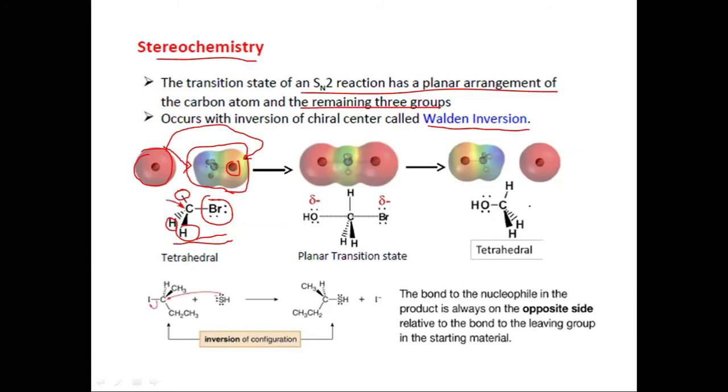There are two openings where the nucleophile can approach: one from the back side with respect to the leaving group, or from the same side as the leaving group. Why does it prefer the back side attack rather than the front side attack?